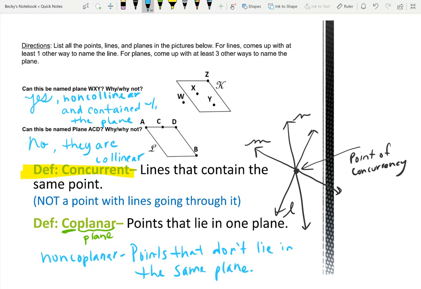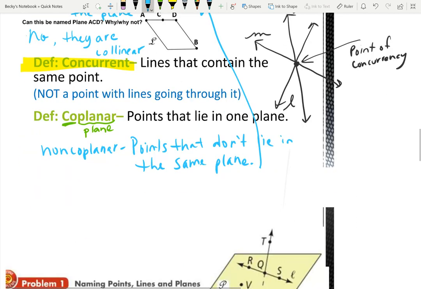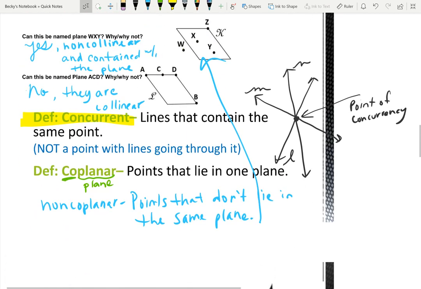All right, so how do you draw it? Can I draw it like this? No, because we already discussed W is in the plane. So think of a piece of paper. If I were going to take a piece of paper and stab a pencil through it, the paper could be the plane, the pencil could be the line. We need to know how to draw that.